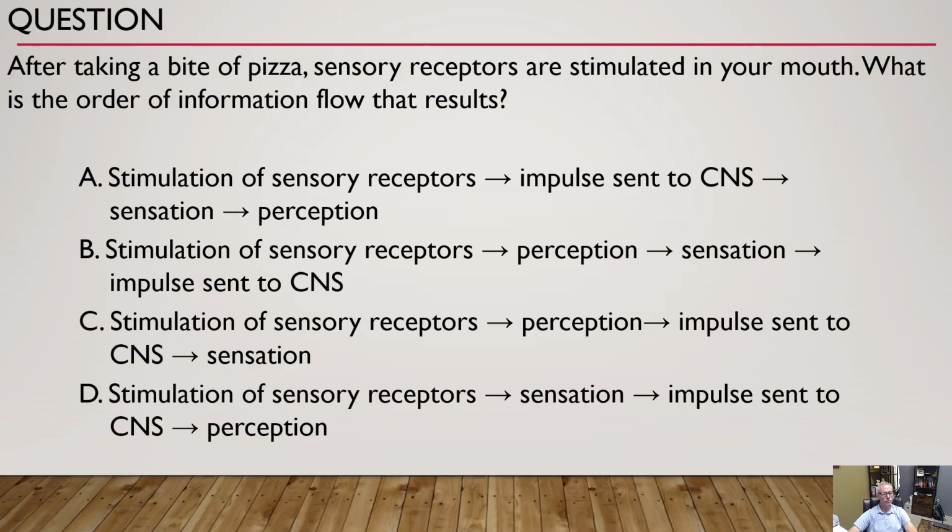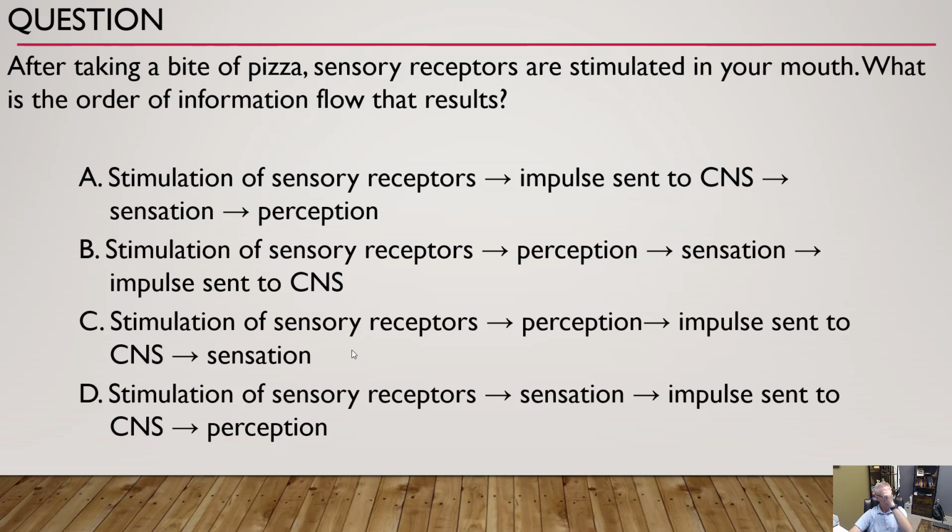All right, so here is a question. After taking a bite of pizza, sensory receptors are stimulated in your mouth. What is the order of information flow that results? So we know that we stimulate our sensory receptors. So far A, B, C, and D are correct.